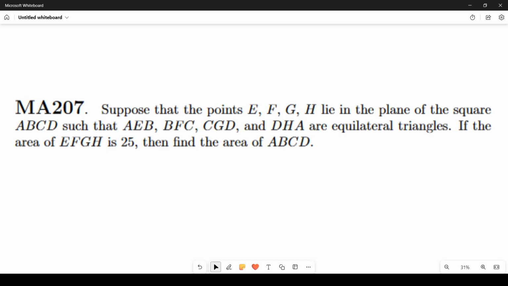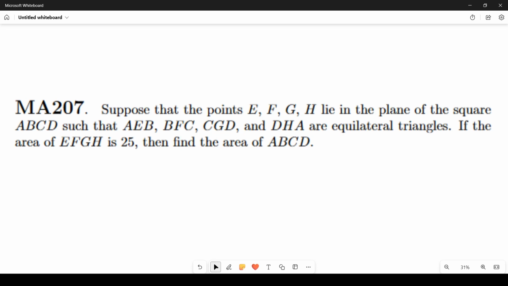This is a geometry problem from Crux magazine, a Canadian magazine for a lot of math problems. It is problem number 207, and the question itself is from the 36th University of Alabama High School Mathematical Tournament, which sounds interesting.